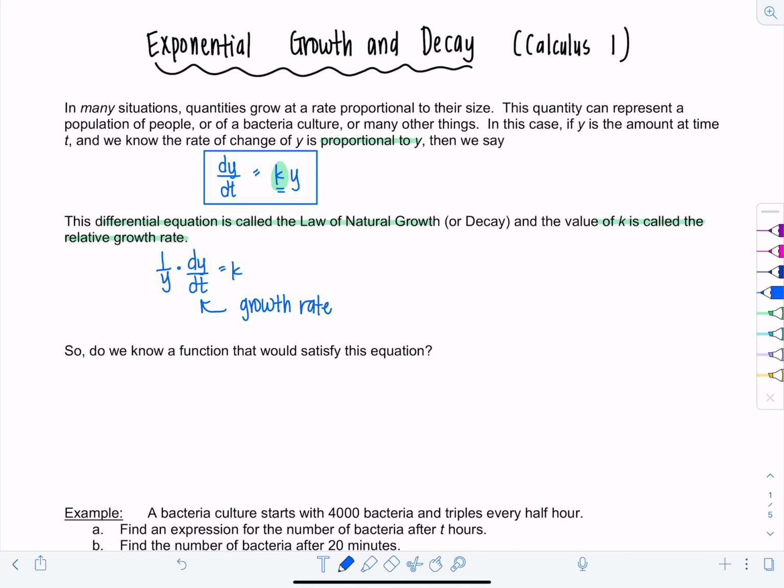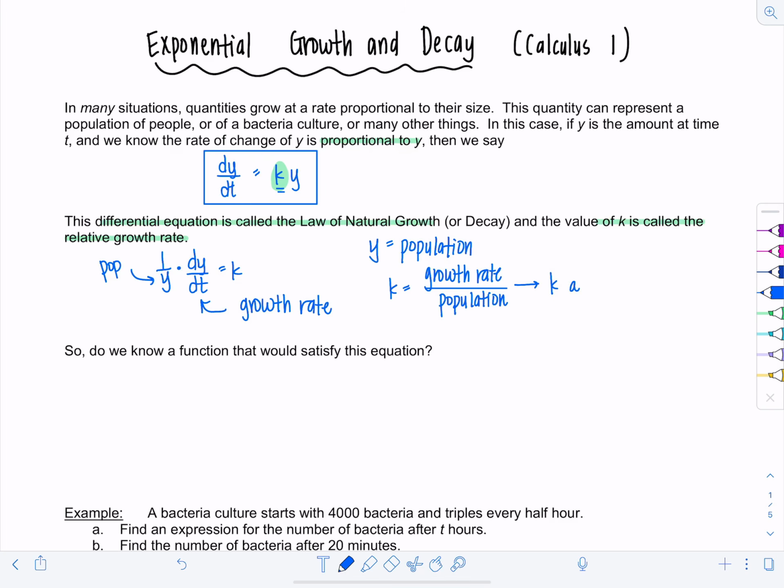Okay, and remember, y is the population. So notice that k is actually equal to the growth rate divided by the population.